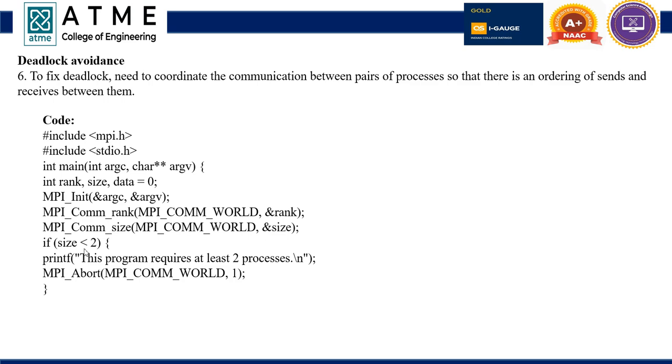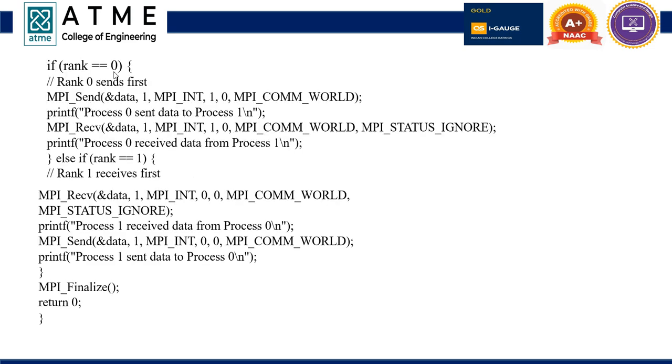If it is less than 2, print that it requires a minimum of 2 processes and abort the process. Else if rank is equal to 0, rank 0 sends first, after checking that at least 2 processes are running.